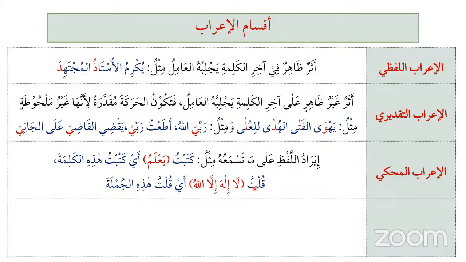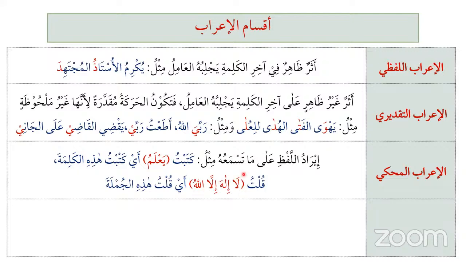Another example is قلت لا إله إلا الله. I said لا إله إلا الله. Now قلت is فعل and tu is فاعل. Now this whole sentence is مفعول به because that's what you said. But you're not going to give any apparent vowels on the words La ilaha illallah.